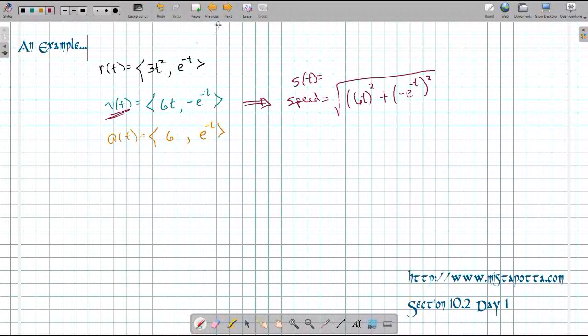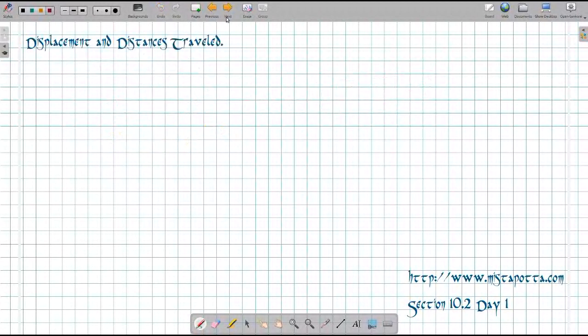But another way that we can look at vectors is to determine the displacement and the distances traveled. So here I'm assuming that I've got some velocity vector, which is going to have a horizontal component and a vertical component.